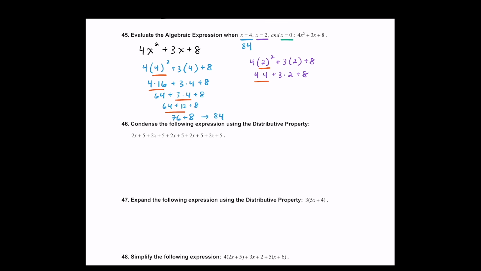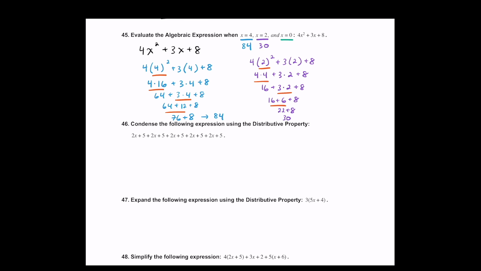We'll do the multiplication to the left here. 4 times 4 is 16. 16 plus 3 times 2 plus 8. Then we can do the multiplication. 3 times 2 is 6. So we have 16 plus 6 plus 8. And then we can go left to right. That's 22 plus 8, and 22 plus 8 is 30. So when x is equal to 2, this expression is equal to 30.